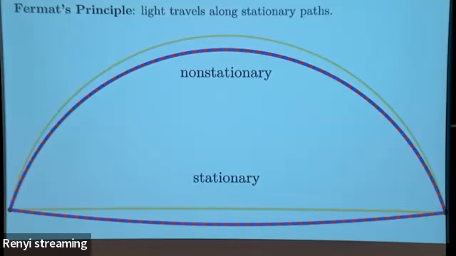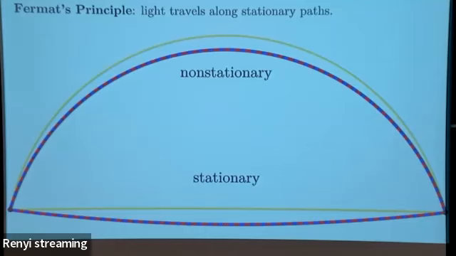Anyone, do you have an answer? There are longest paths, but you have to look kind of hard to find something like this, because in a homogeneous medium, if everything is Euclidean, you won't really find any stationary paths that aren't shortest paths.